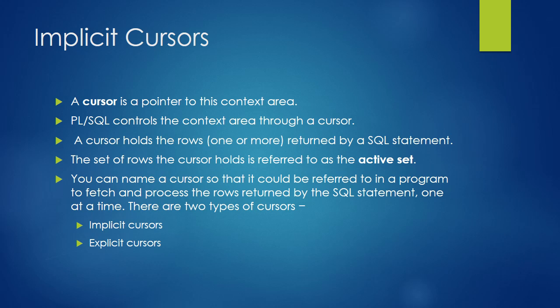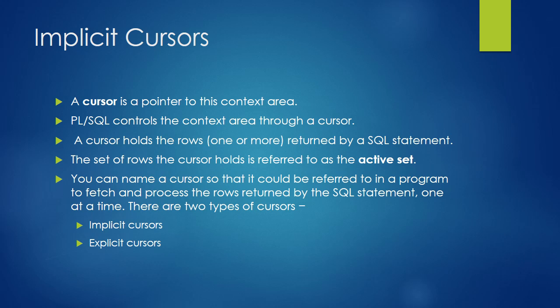Whenever a DML statement, insert, update or delete, is used, an implicit cursor is associated with the statement. For insert operations, the cursor holds the data that needs to be inserted. For update and delete operations, the cursor identifies the rows that would be affected.